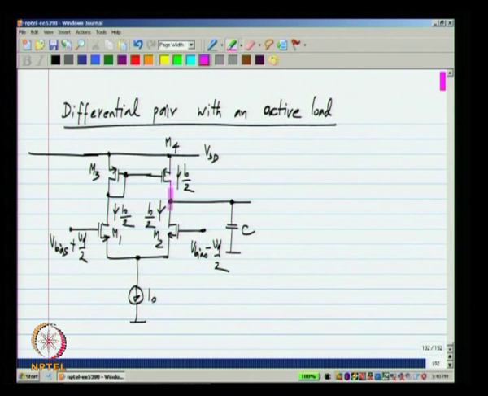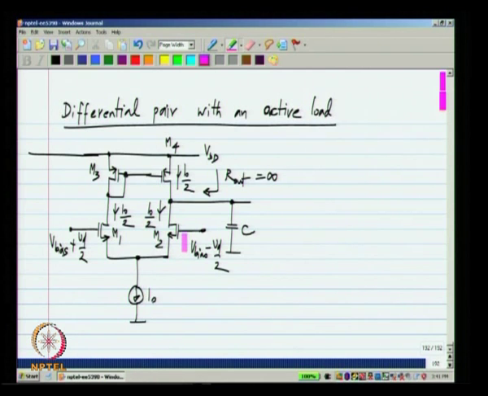We will assume all transistors are in saturation. Then what happens is, first of all, if you do assume that the transistors have 0 GDS, then the incremental resistance looking into the differential pair, okay, is infinity, because you see that all transistors will have infinite RDS and this is also infinity. Okay.